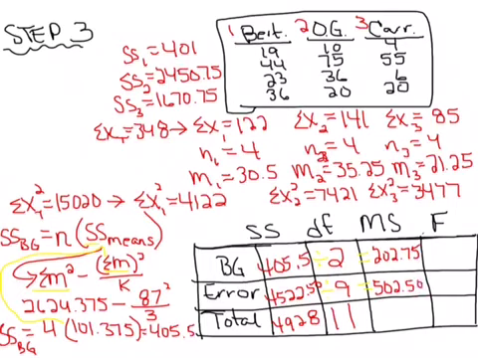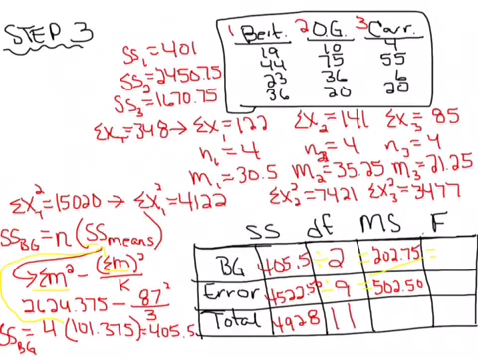So now we have everything we need to get our F ratio. Because we're going to, again, I'm going to highlight this. We're going to do basically this as a division to equal this. So 202.75 divided by 502.50.